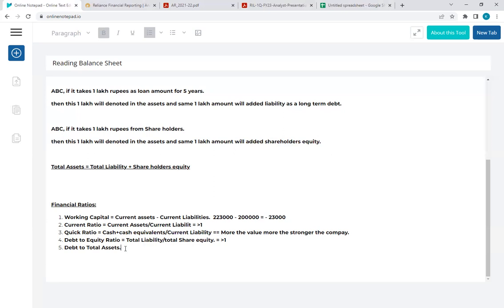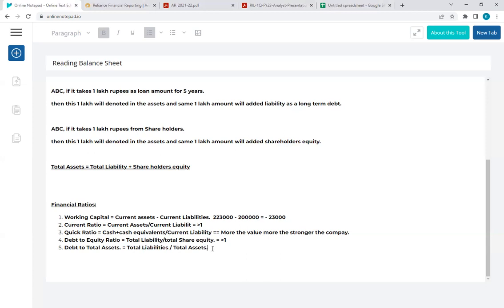Okay, similarly, the total debt to total assets ratio is total liabilities divided by total assets. So this compares the total liabilities with total assets.